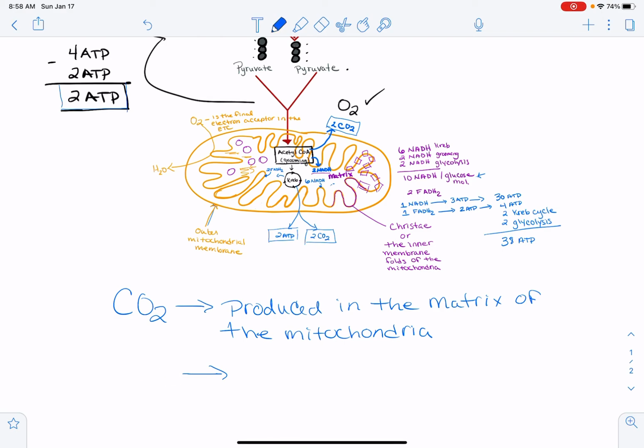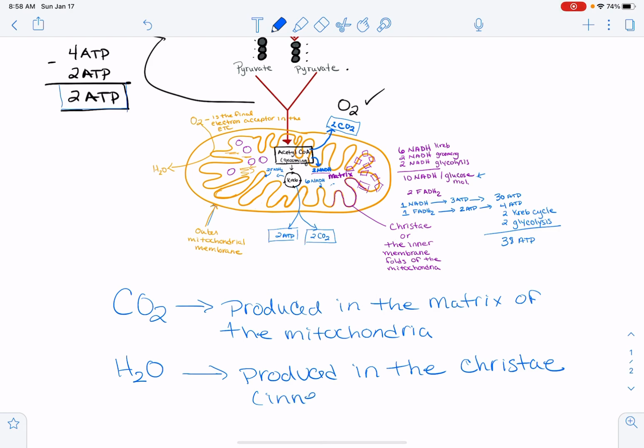We have water vapor, or water, produced in the cristae, the inner membrane of the mitochondria.